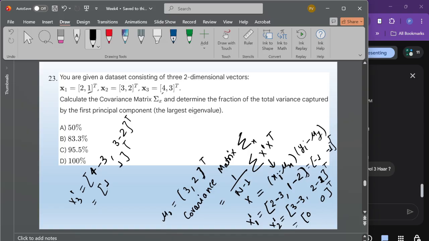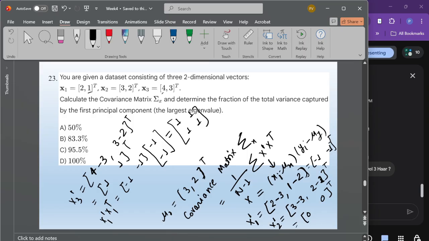So now we need to find out x dash and x dash transpose for all the three vectors. First x1 dash is minus 1 and minus 1, and the transpose will be minus 1, minus 1. So the overall matrix we get here is 1 1 1 1, just row multiplied by column.